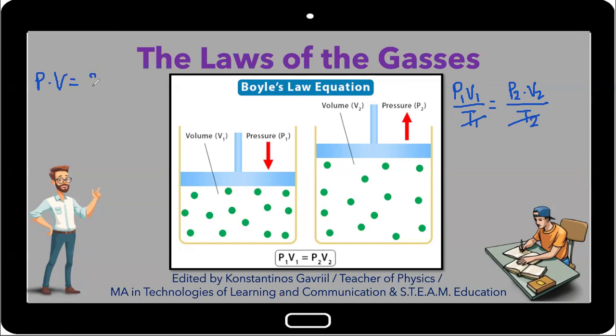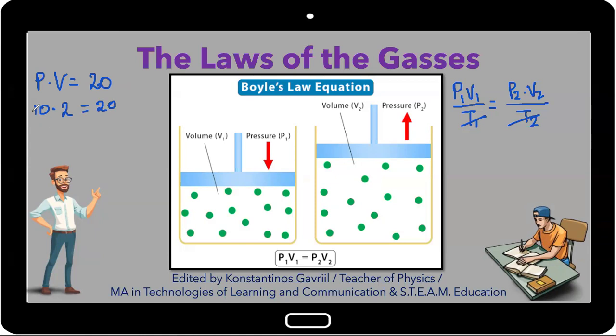Suppose we have 20 to be this constant result. You can see as an example this procedure. If we have a pressure of 10 and a volume of 2 meters cubed, 10 times 2 equals 20.